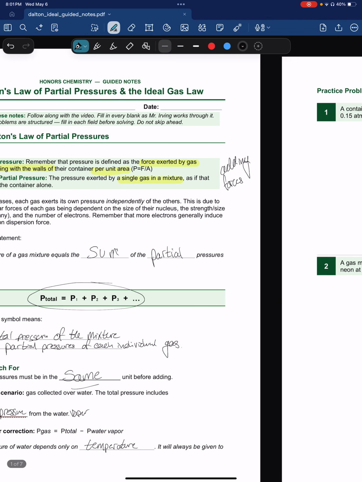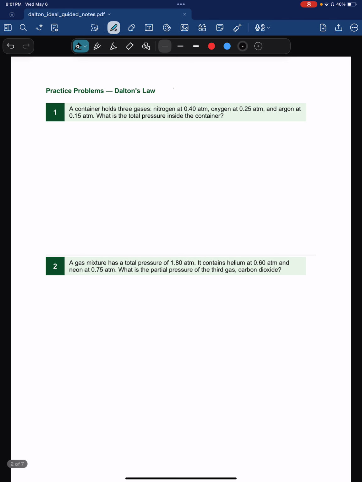Great. Shall we try some practice problems? So let's consider this. Before we even get started, because you've all flipped to a new page, let's take a second and write the equation at the top.